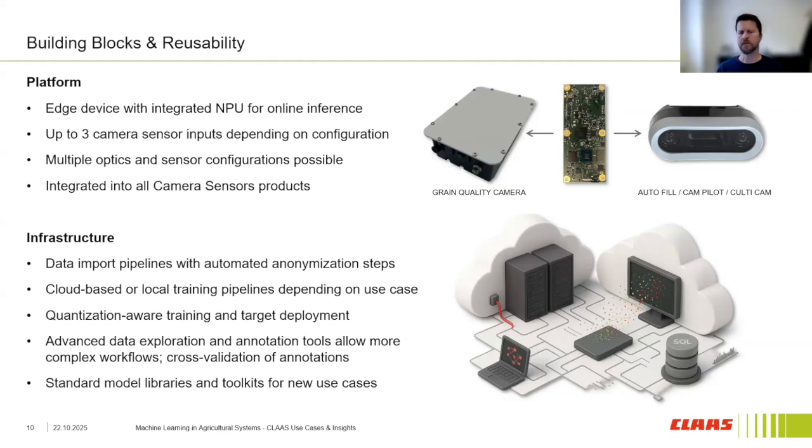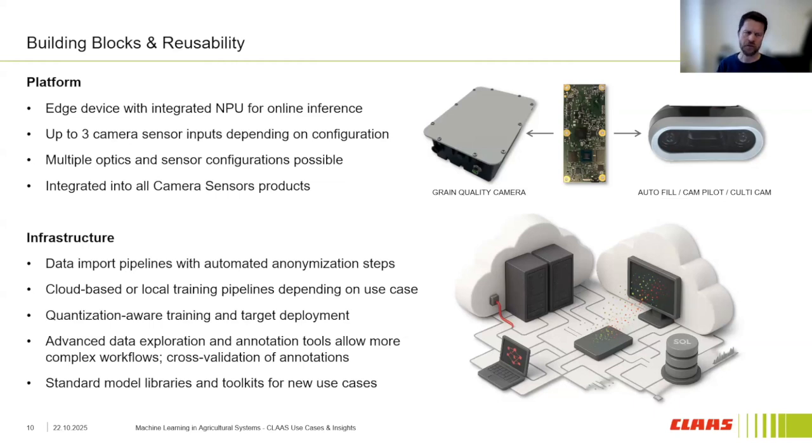The processing platform is also used in other products, even non-camera products, simply for its NPU capabilities. So that's the main building block for employing this. This also means that we can deploy new solutions fairly easily and quickly and test stuff out with existing products, assuming that this platform can be used for new products as well.